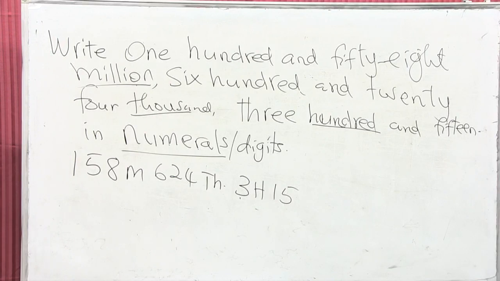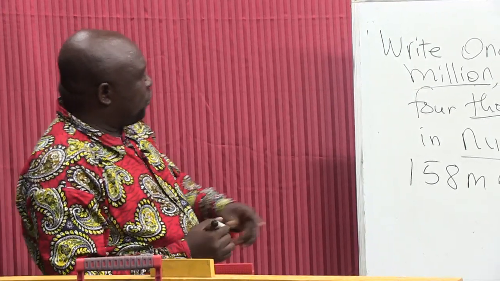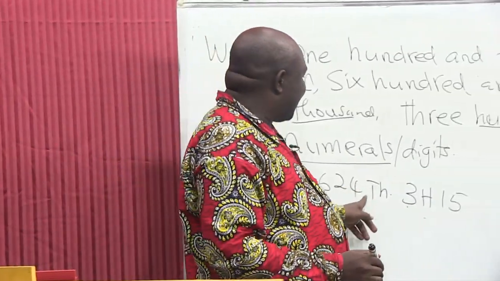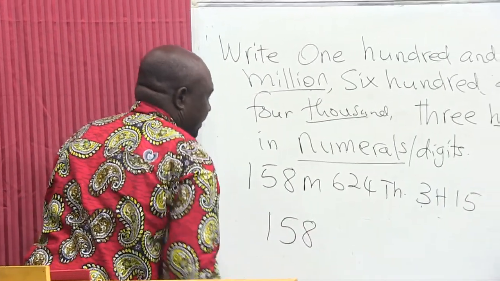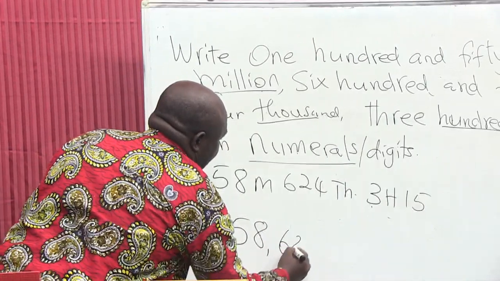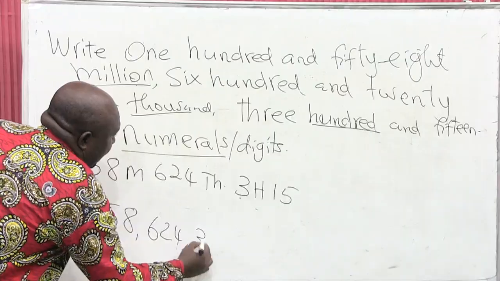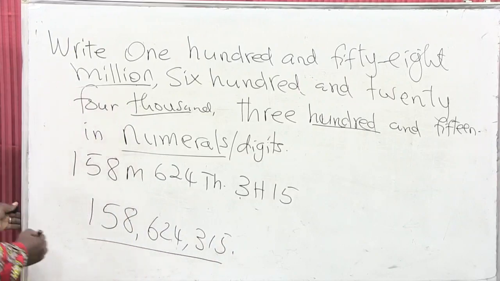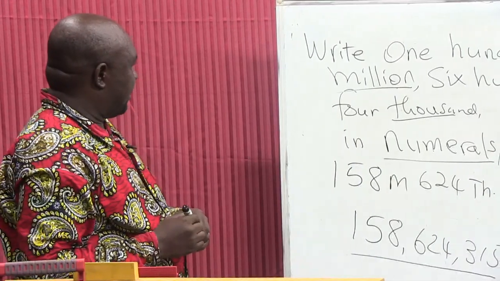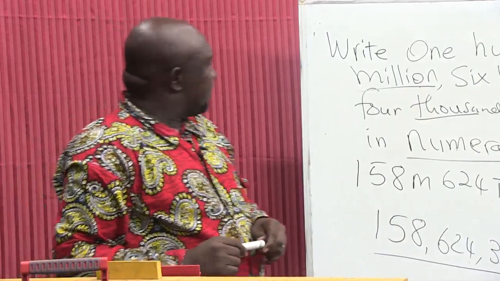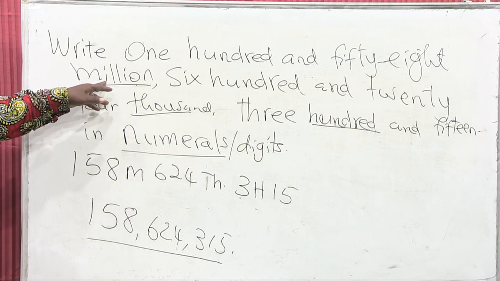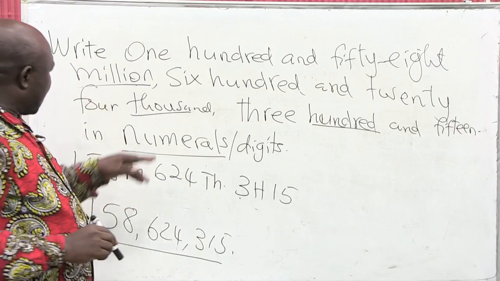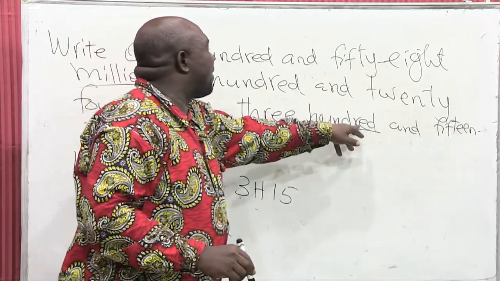Now, what is our answer there? So you remove the M, the TH, and the H. Then it is 1, 5, 8, 6, 2, 4, 3, 15. So this is very easy now. The million is a period, the thousand is another period, the hundred is another period.